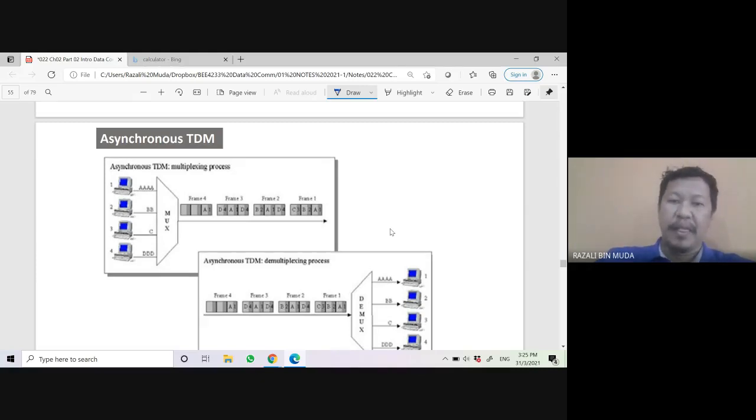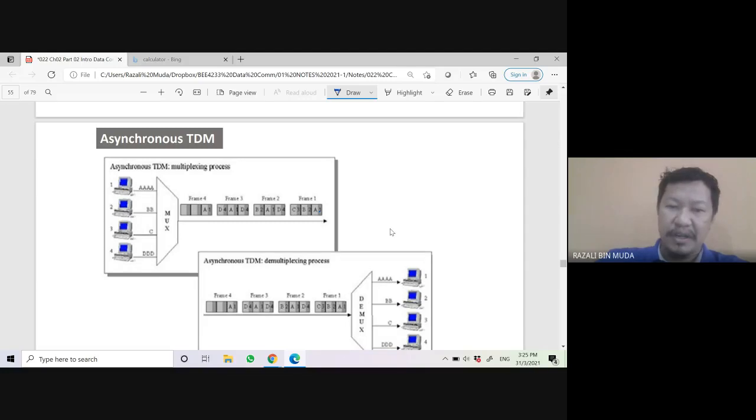Okay, but the frame is assigned the number of the input device. This is A for 1, B for 2, C for 3. Frame number 2 starts from device number 4.